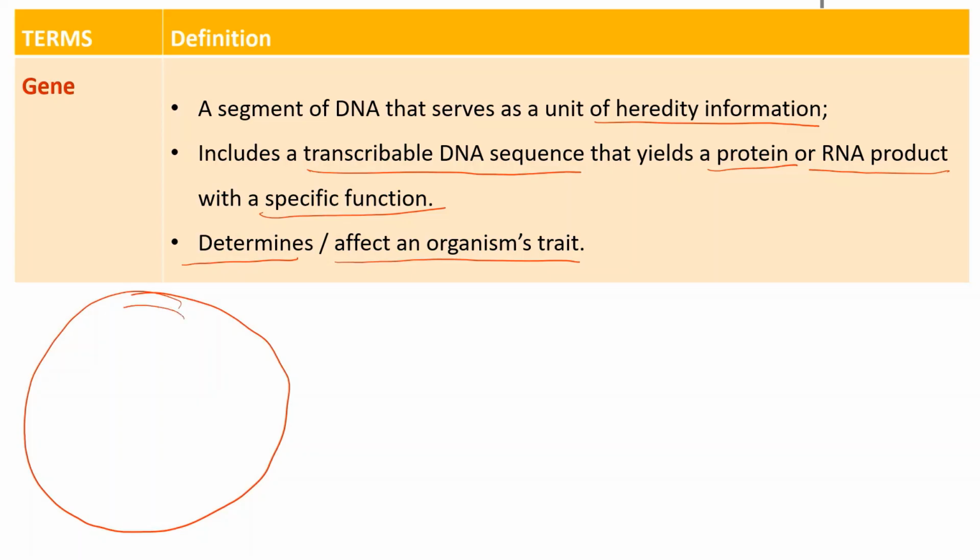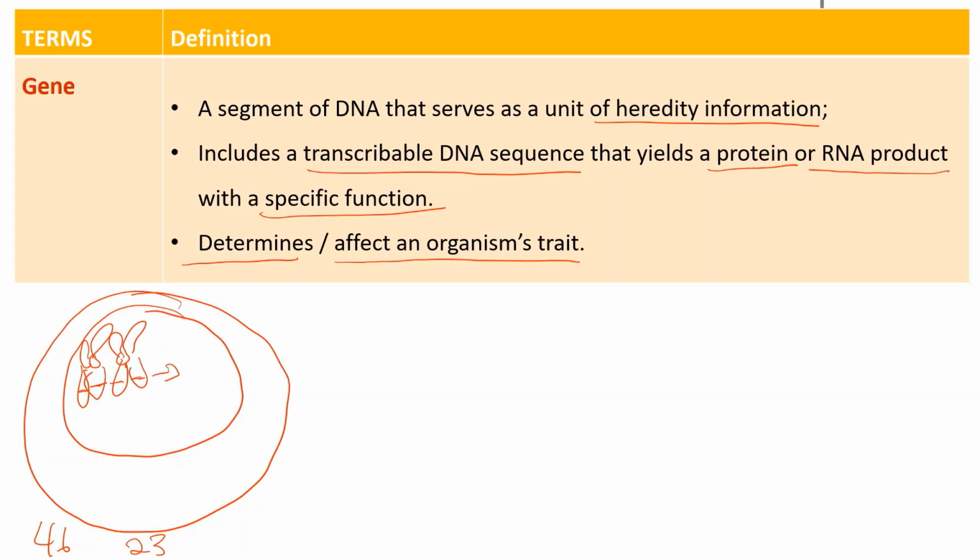Within this human cell, there are many chromosomes. A human cell has 46 chromosomes, or 23 pairs of homologous chromosomes. This chromosome, for example, has genes that code for the expression of certain traits.